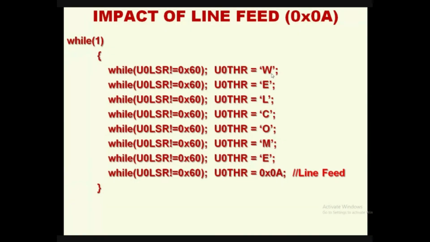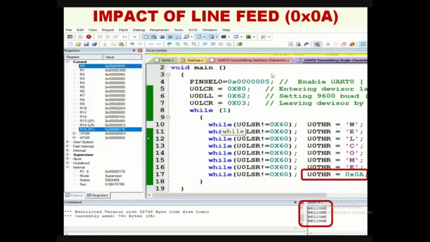Okay, let us see the line feed. When you give the line feed, how it looks in the Keil IDE, I'll show you here. Here you can see in the Keil IDE, because of UART0 transmit hold register equal to 0x0A, you are able to see welcome displaying like this. So WELCOME, the first line. After transmitting 0A, it will come to the next line, and then it will start typing welcome, because it is within the while loop, there is only welcome.